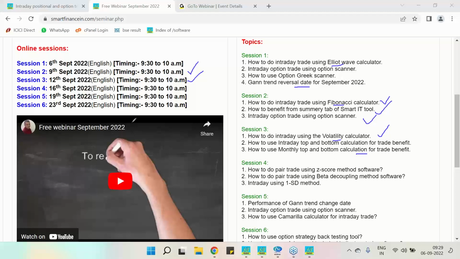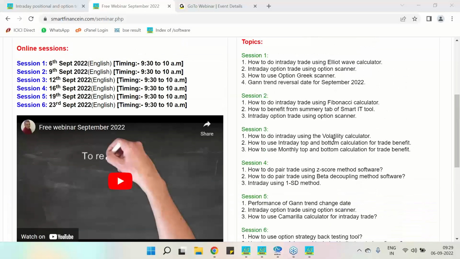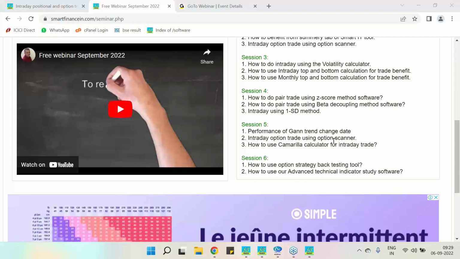On the 4th session, which will be on the 16th, you are going to learn pair trade using the Z-score and beta decoupling. Last time we showed you how to do pair trade using beta decoupling; this time using Z-score. One SD will also be shown on that same day. Then, how the trend change dates have performed, we will see on the 5th session, on 19th September.